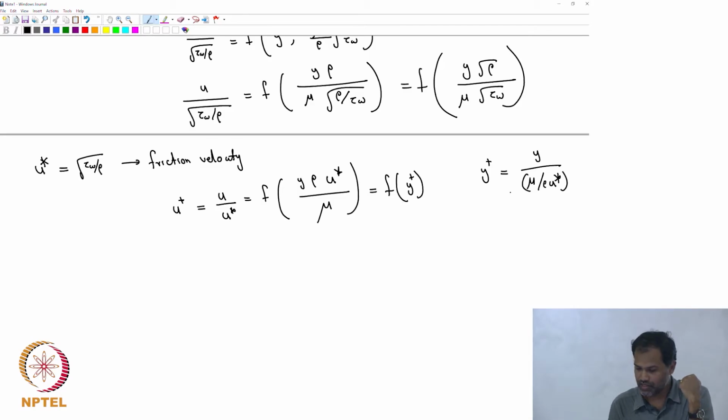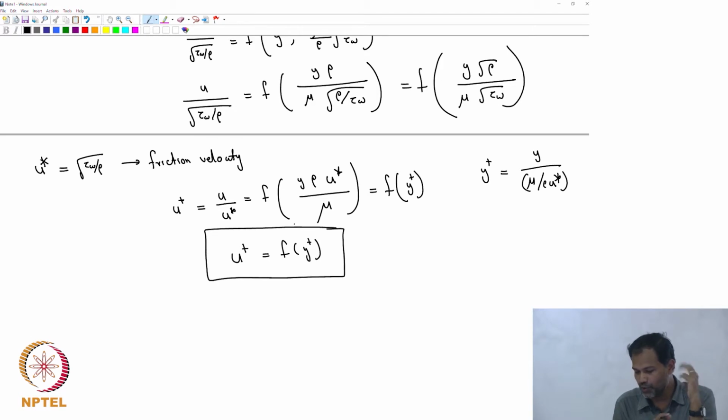And therefore, u plus is equal to a function of y plus. It turns out that u plus and y plus are really non-dimensional numbers that you would want to use to represent the velocity profile in the wall layer.